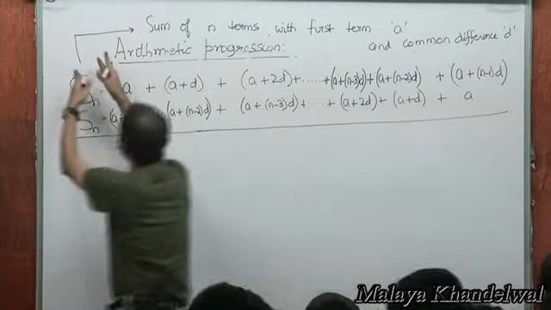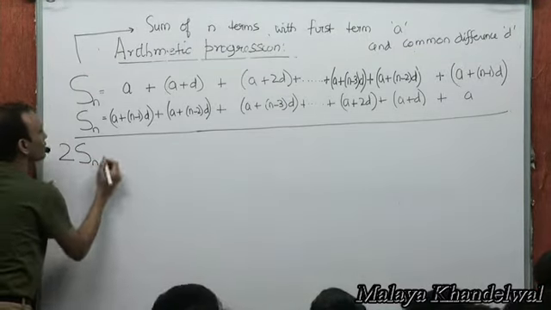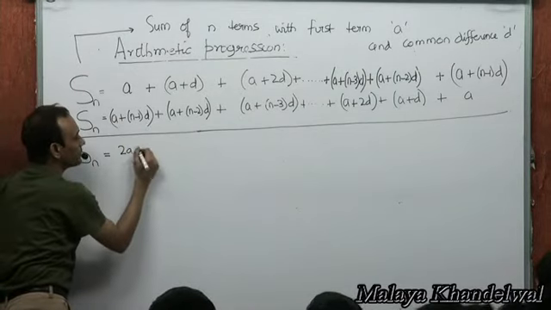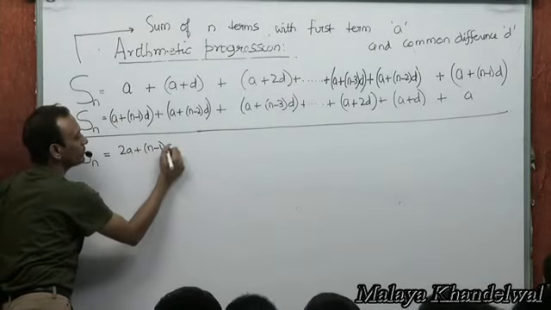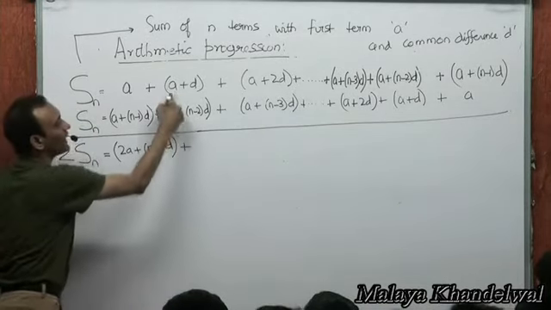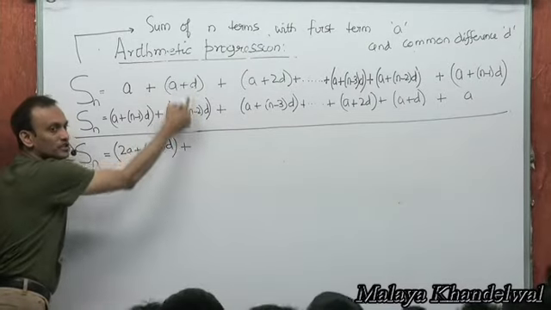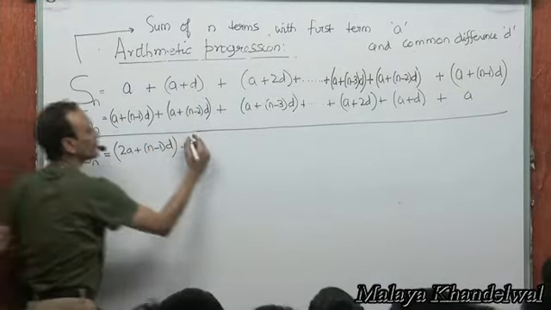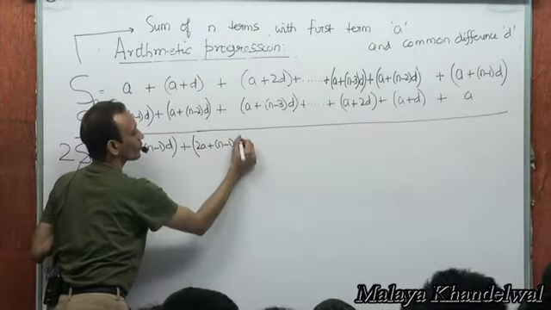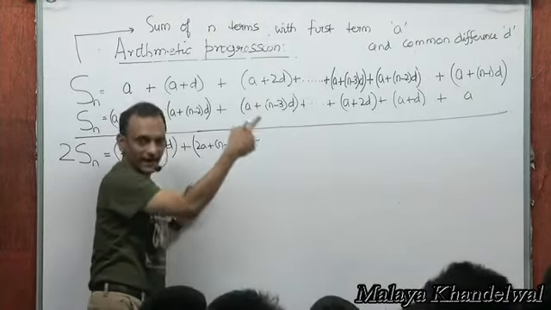Now if I add these two vertically, 2 times Sn equals, if I add these two, what do I get? 2A plus n minus 1 into D. Then I add these two: 2A plus n minus 1 into D, yes or no?